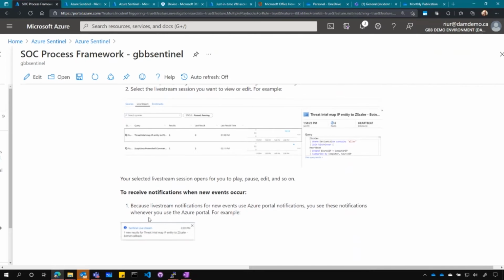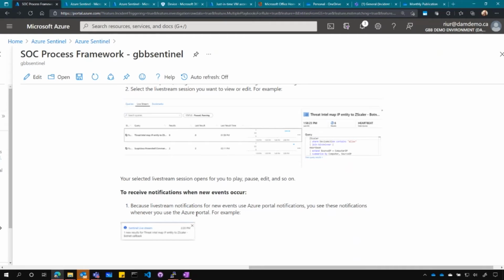And then the beautiful thing about live stream is we will give you a notification for new events as they happen inside the Azure portal notifications. So live stream ties directly to the Azure portal notification. You do not need to set up a notification for this. You can see those notifications when you're in the portal.